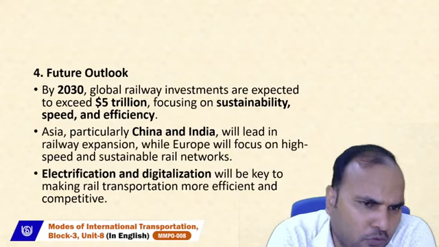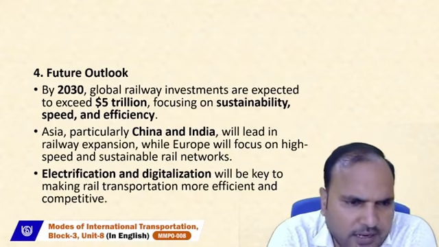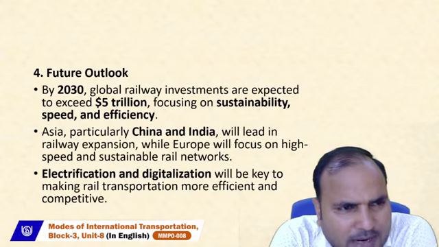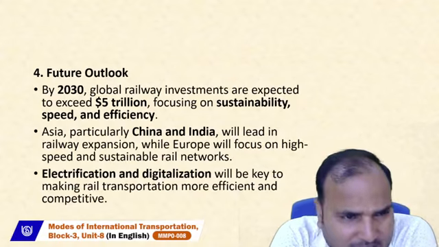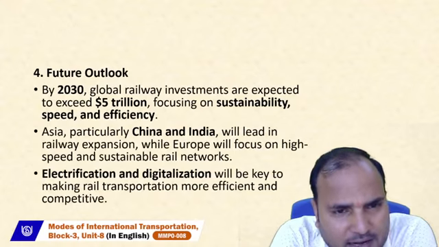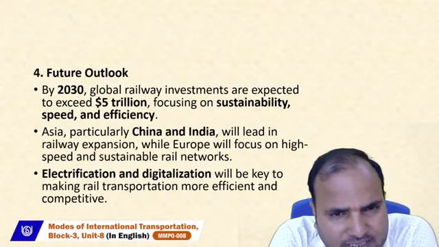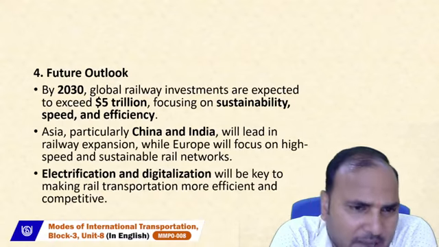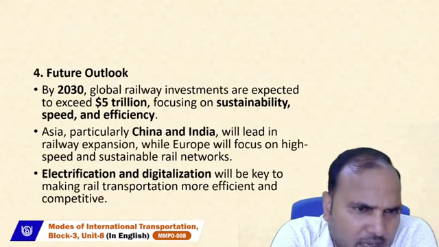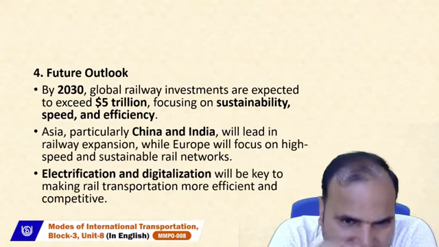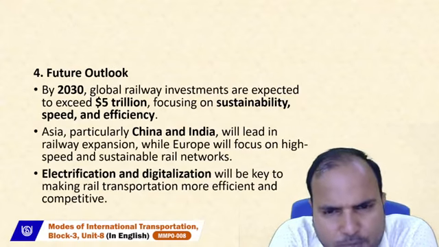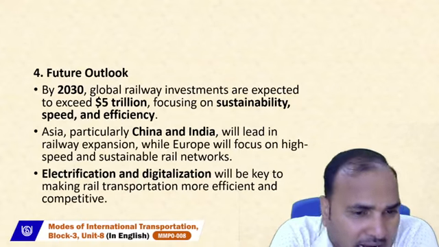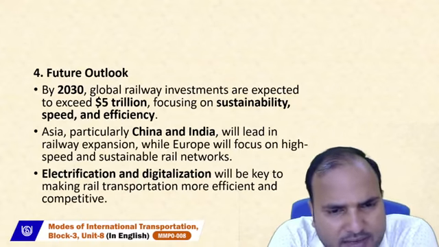Then what is the future outlook of rail transportation? By 2030, global railway investments are expected to exceed $5 trillion, focusing on sustainability, speed and efficiency. Asia, particularly China and India, will lead in railway expansion, while Europe will focus on high-speed and sustainable rail networks.